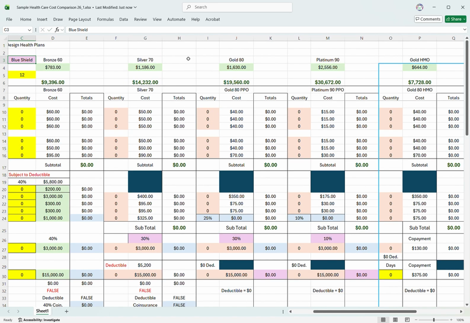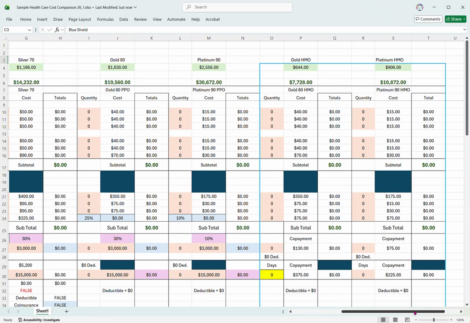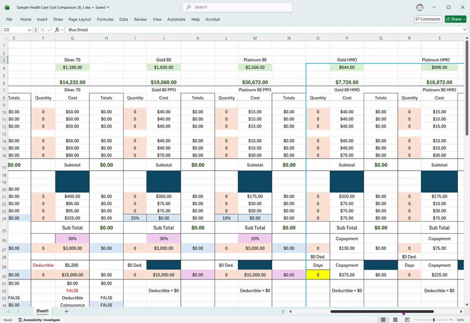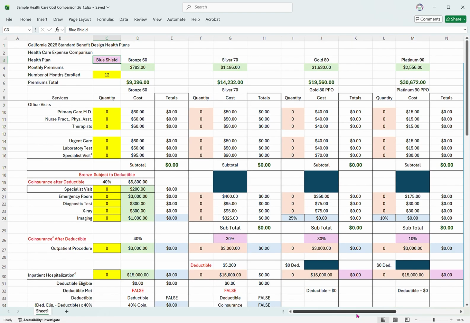Now, I have included platinum plans within the worksheet because they do have different cost sharing and the way things are figured, and sometimes you can save some money. If you wanted a gold or platinum plan, you can go with the HMO. So you've put in your monthly premium amounts.